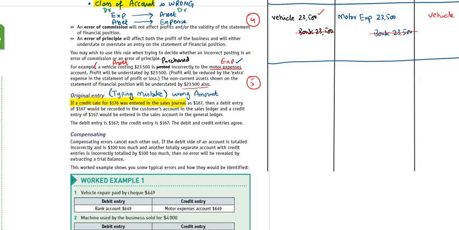The entry of a credit sale will be trade receivable debit by 176 and sales credit by 176. This is the original entry.